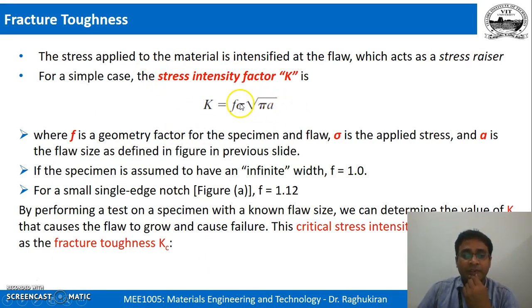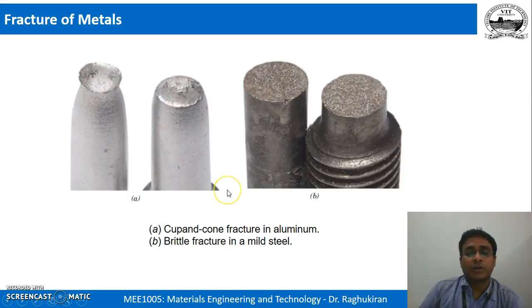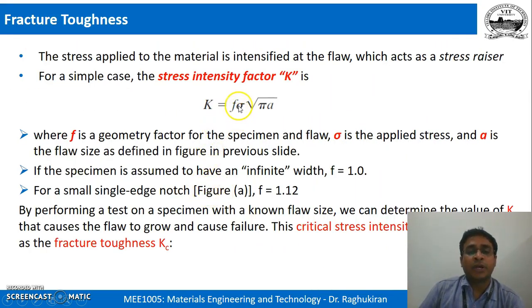It is given with this formula, where F is a geometry factor, and this factor depends on whether the flaw is internal or at the edge. For example, if it is internal, the F is taken as 1, whereas if it is at the edge, it is taken as 1.12. Similarly, sigma is nothing but the load that you are applying, in other words the stress.